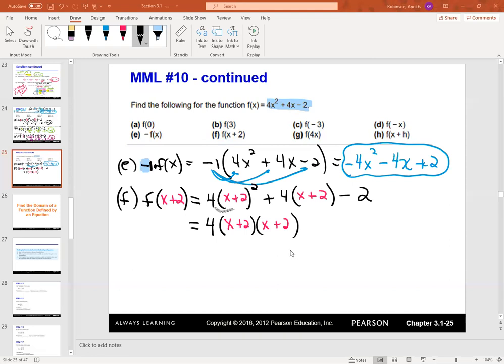All right, so I was on F, and I was taking the x plus 2 and squaring it. That's what I was trying to do here. And x plus 2 times an x plus 2 is going to give me a trinomial of, first times first is x squared.